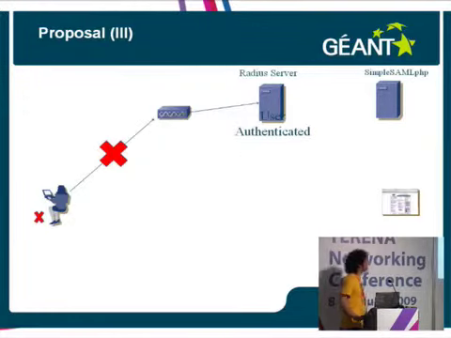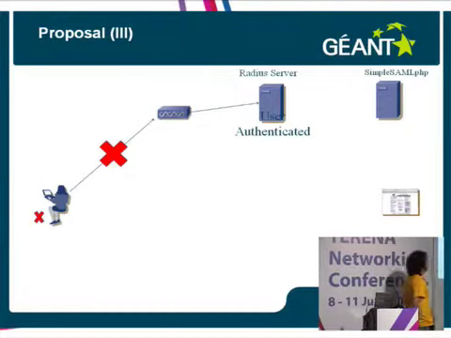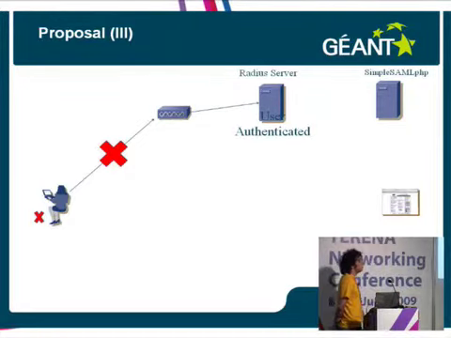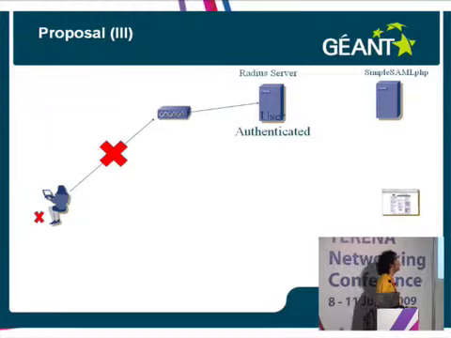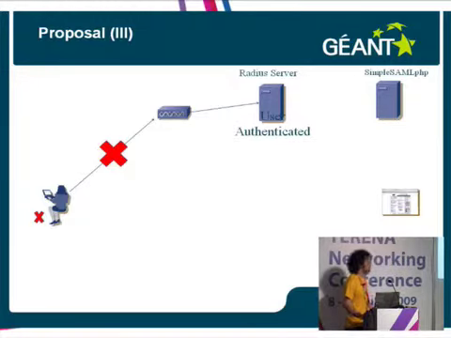Once the user is authenticated, the RADIUS server will contact a service that will be in charge of issuing information cards, the information card that we have called EduROAM information card, containing the attributes or the references to the attributes for that user.